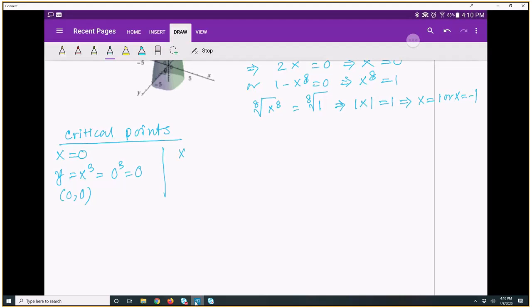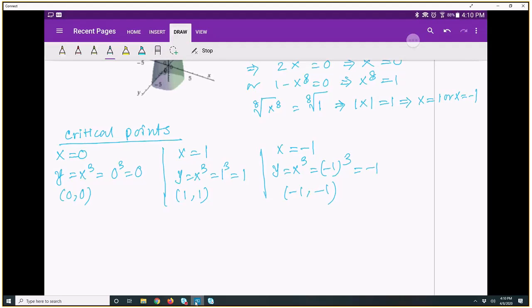X I found 1. Y equal to x cubed means 1 to the power 3, which is 1. So 1, 1 is a critical point. And finally, I have x equal to negative 1. So y equal to negative 1 to the power 3. That's negative 1. So the critical point is negative 1, negative 1.